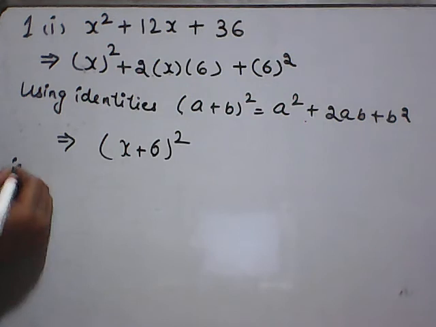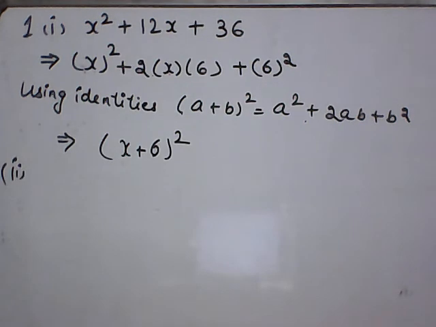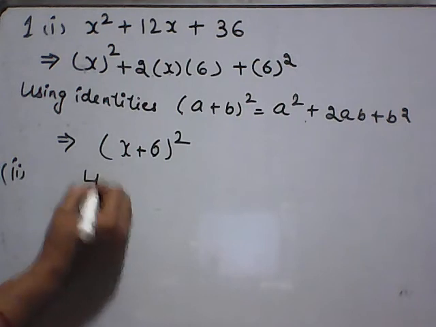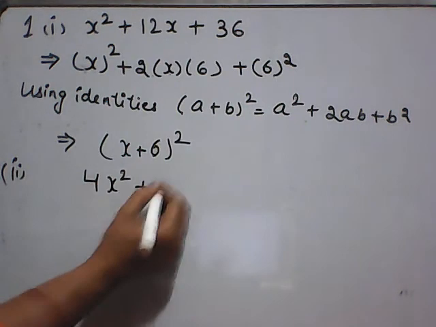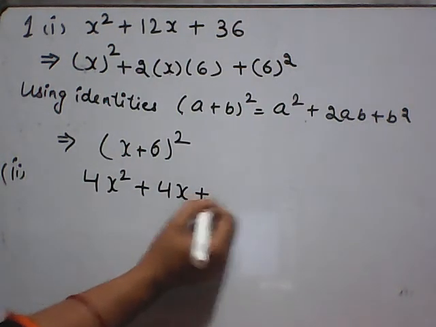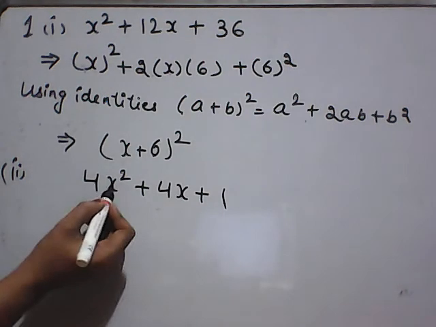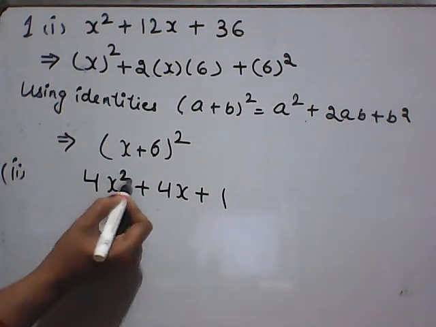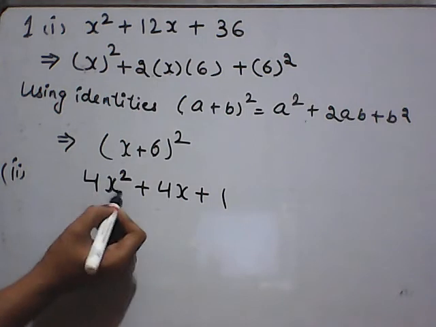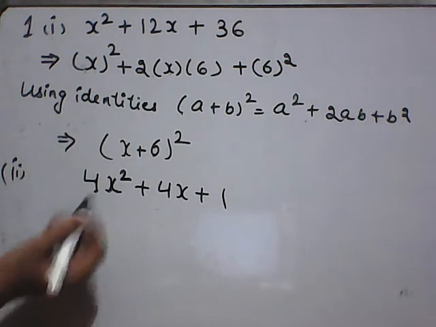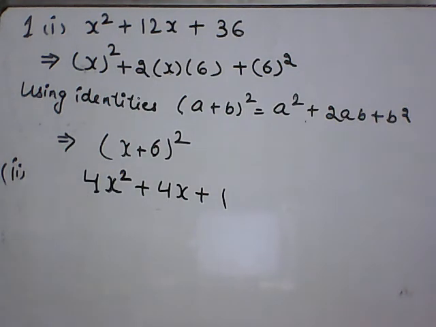Next part. In the next question, it is given to you 4x square plus 4x plus 1. Now, the first term is 4x square. Here only x square is given. We can write 4 as 2 whole square.